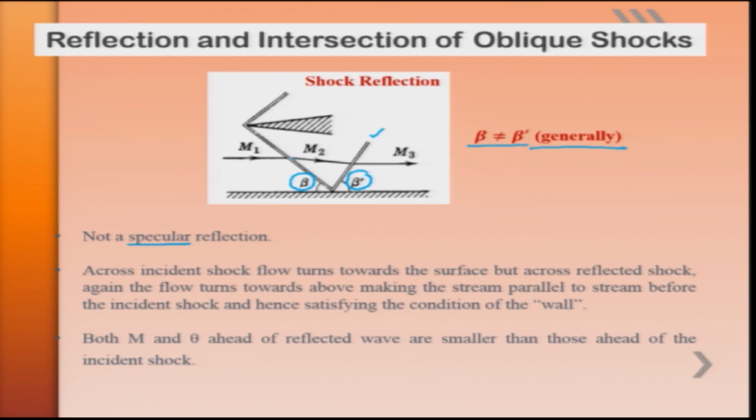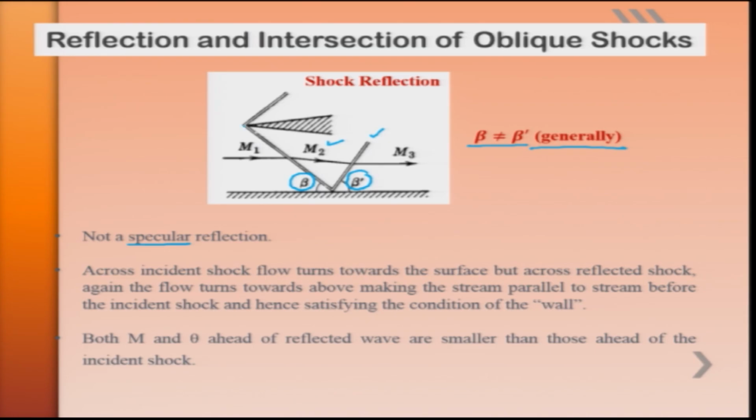Let us say I am representing this flow condition through a streamline. Now what happens after passing through this oblique incident shock wave is that this flow streamline turns toward the surface. In this zone, downstream of the oblique shock wave, the Mach number becomes m2.